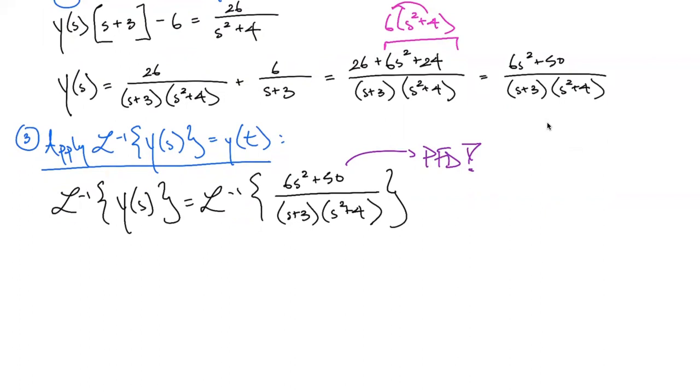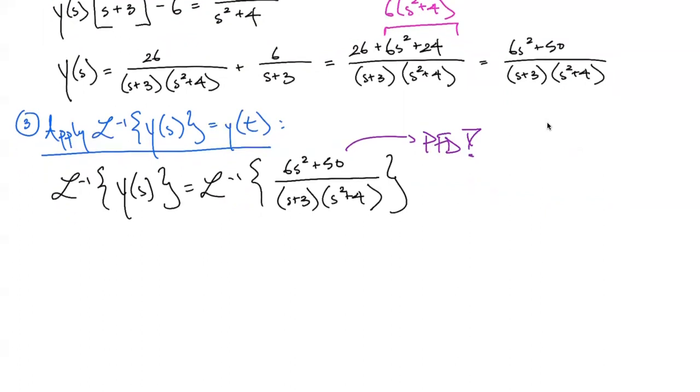It might not be, and that's okay too, but we are going to use partial fraction decomposition here so that we can have an A over s plus 3 and something else over the other one, right? So I have an s plus 3, I have an s squared plus 4. I know I need a constant on top of that first one, right? I know I need a constant because on the bottom I have a linear factor.